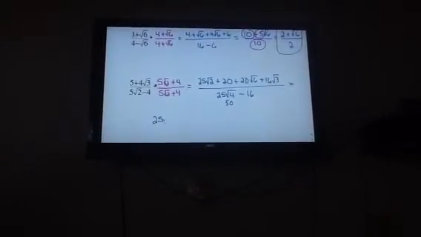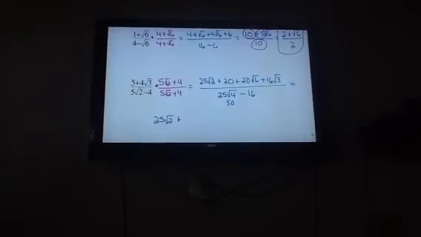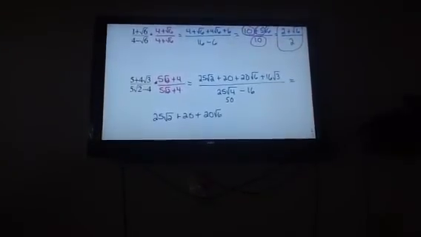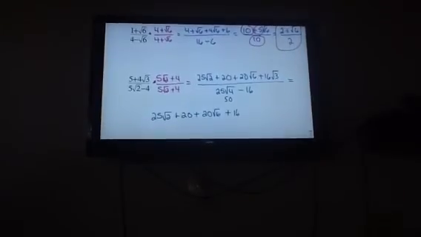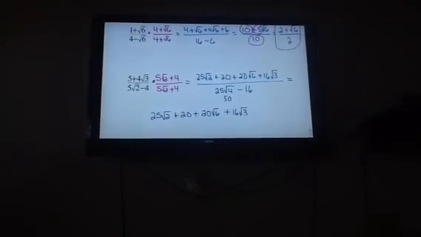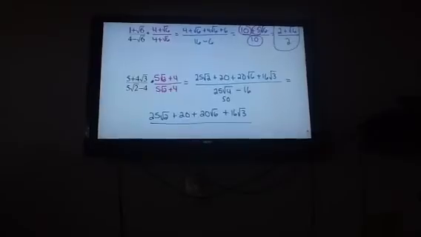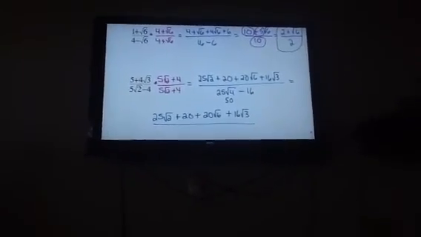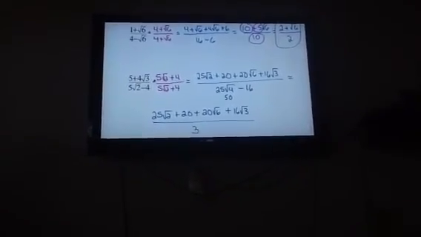So my numerator, I can simplify not a single one of those things. I can't combine them. I can't break it up. I can do nothing to anything in that numerator. In my denominator, I take 50 minus 16 and I get 34.